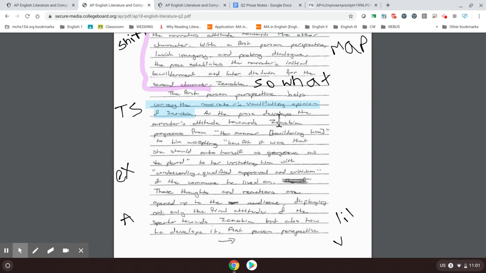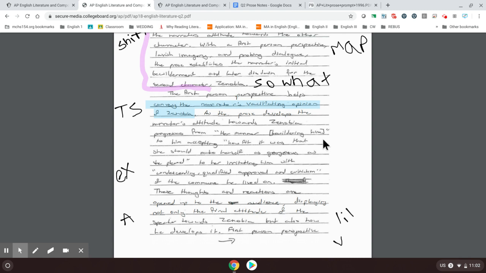Now, one thing to note is if you're wondering what these little brackets are here and the quotation marks, if you're embedding quotes and you need the quote to fit into your sentence successfully, you can insert words into the quote that aren't actually in the passage if you surround them with these brackets. And then the second thing that might come up is you'll notice that there are no parenthetical citations. Now, it's kind of an up to you thing.